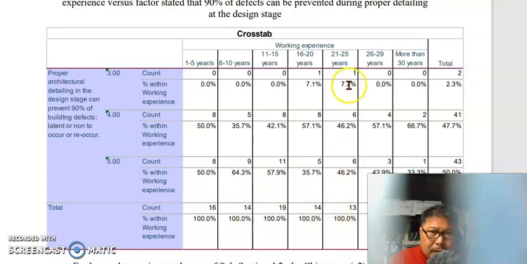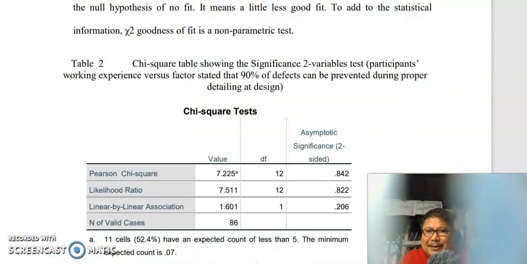People have middle experience from 25 years down to about 16, to 1 to 5 years, but there are not too many respondents having 26 years and beyond, as shown in this statistical analysis here. Okay, we go for the last one here, the table on the chi-square test.